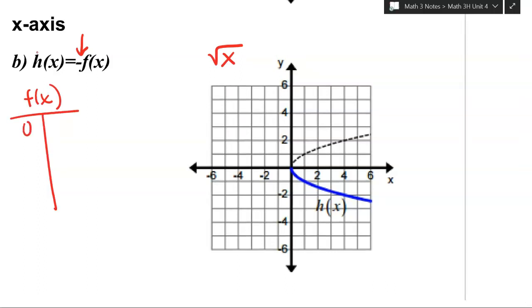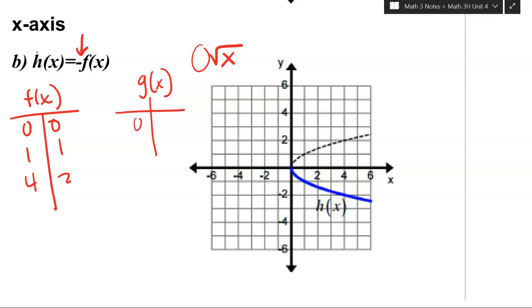So we have our 0, 0, 1, 1, and 4, 2. And notice when it's on the outside, we don't need to worry about our domain restrictions because it's affecting our y values and not what's inside with x.